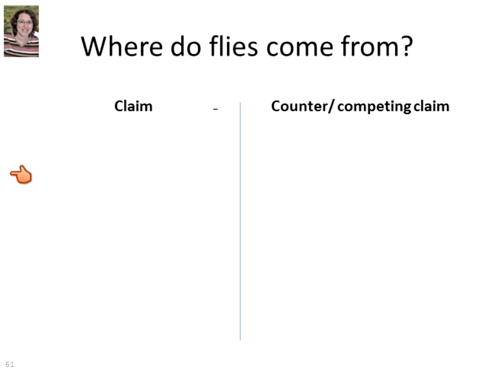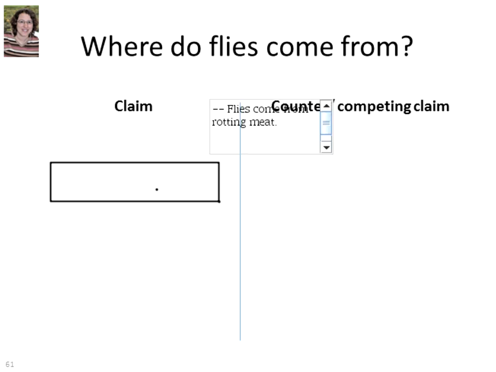One of them was, I see you, Kristen. You got it. Oh, Kristen, you're giving the claim that Redi is going to make with his experiment. So I think you don't want that the flies are coming from the meat.